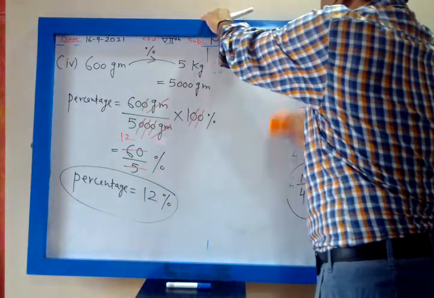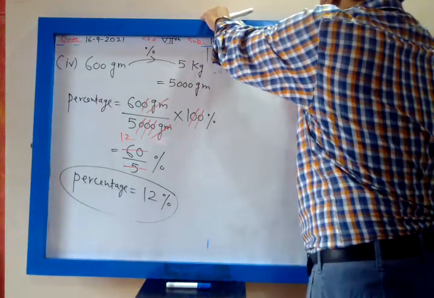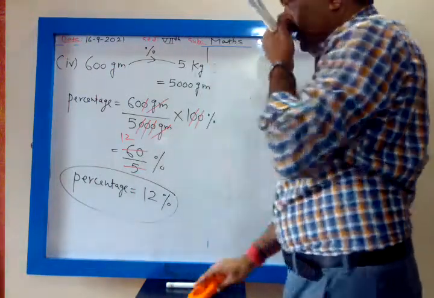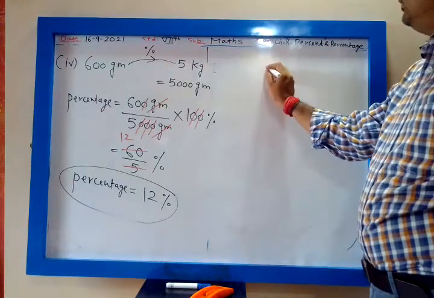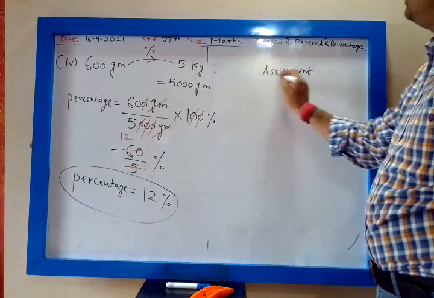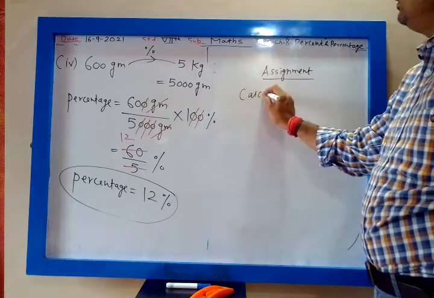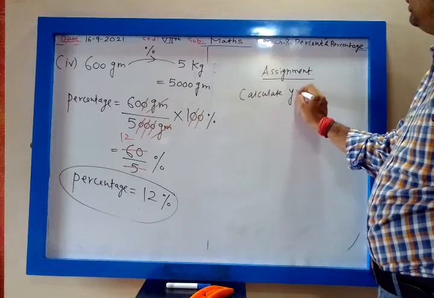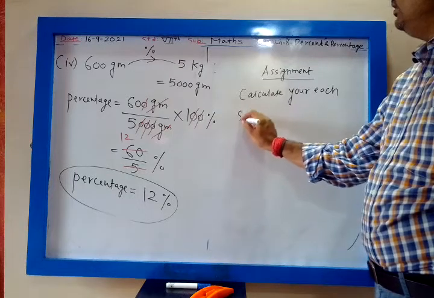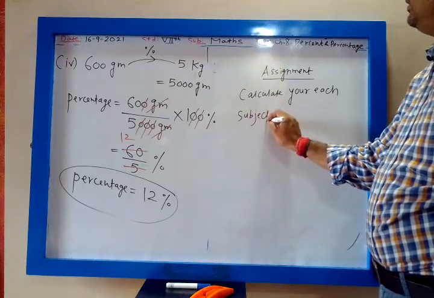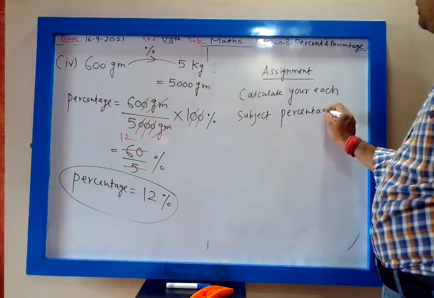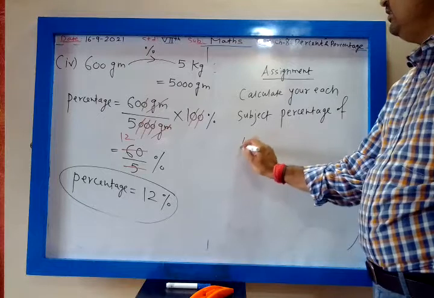Okay. So write the homework for today. Let me give you one homework, and this is 10 marks. Write down this assignment. You have to send me on WhatsApp. Calculate your each subject, not only maths, each subject percentage of Assessment 1 examination.